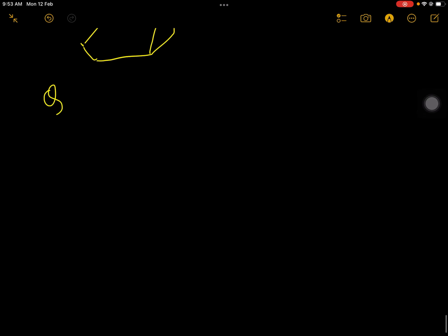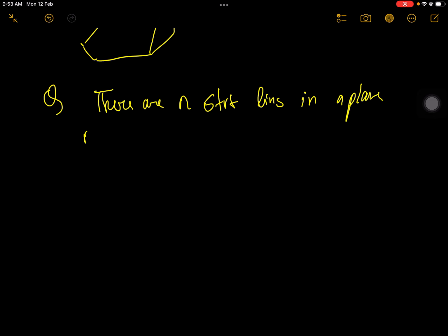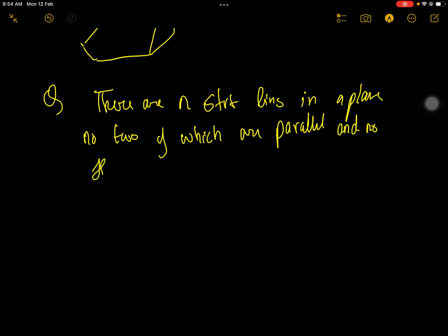Next question. There are n straight lines in a plane, no two of which are parallel and no three pass through the same point.